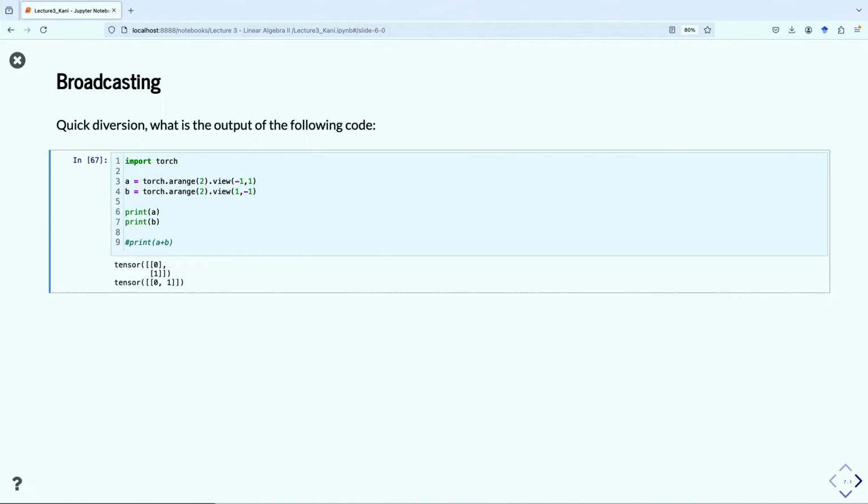They both have 2 dimensions. One has 2 values along the 0 dimension, and the other has 2 values along the y-axis, along the 1 dimension. So the question is, what will the sum of these 2 tensors be?